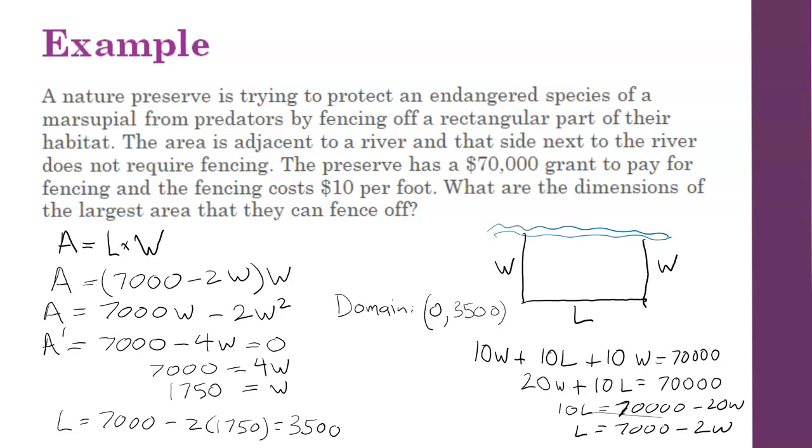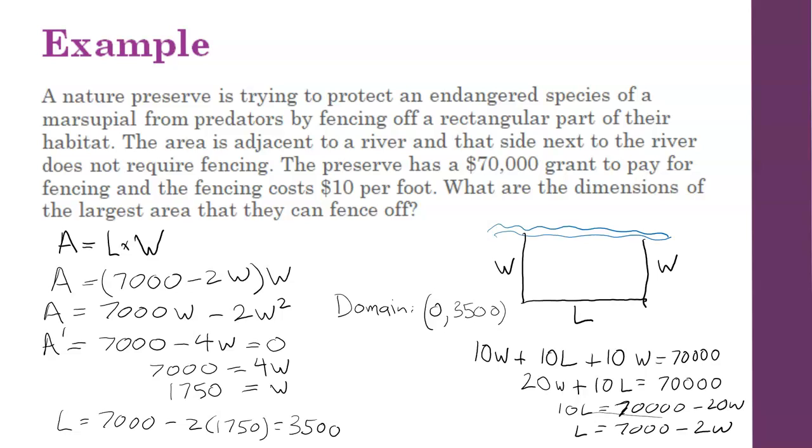So the dimensions that would give us the largest area would be a width of 1,750 and the length of 3,500. And again, our domain was not a closed interval, so I don't really have to worry about 0 and 3,500.